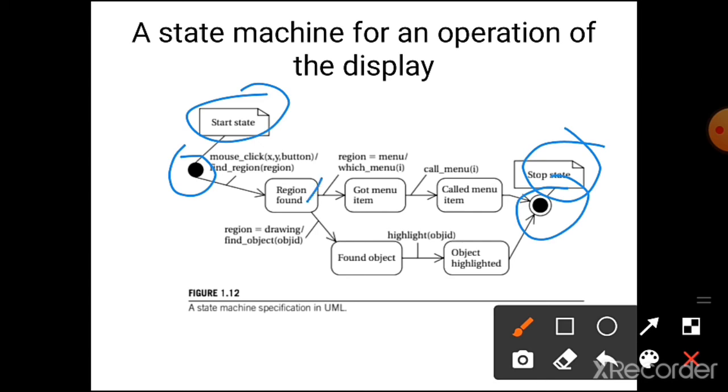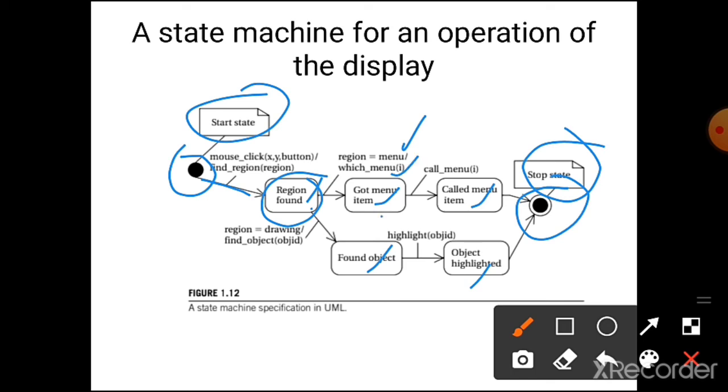So these are the different operations represented here. First, from the start state, when there is a mouse click, it finds a region. So it goes from start to region found. If the region found is a menu, then we need to select which menu it is.